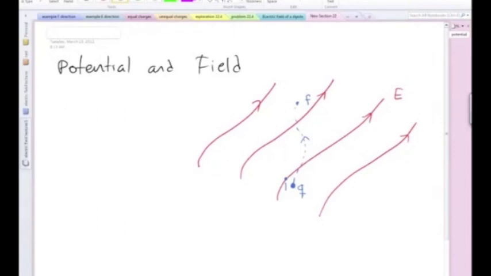So I'm going to describe the location of that particle with some coordinate axis, and the initial position is a vector Si, and the final location is a vector Sf.